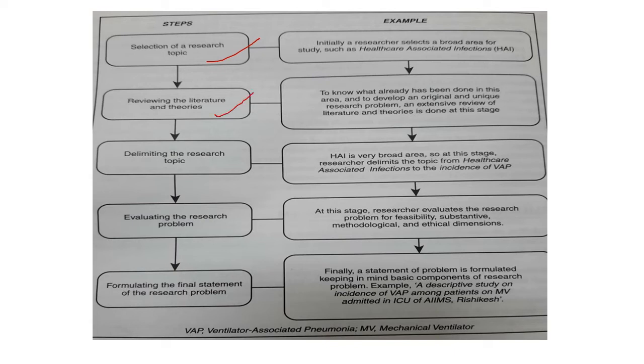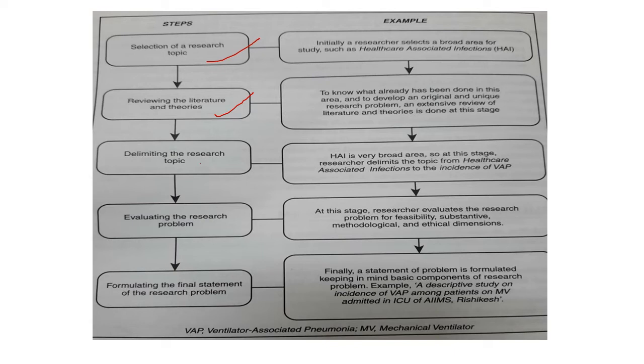Next, you have to see whether any literature or research has been conducted on the particular topic before. For searching you can use the internet, books, or national or international journals.